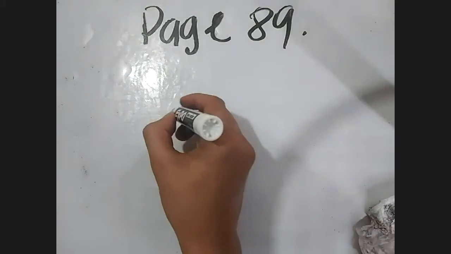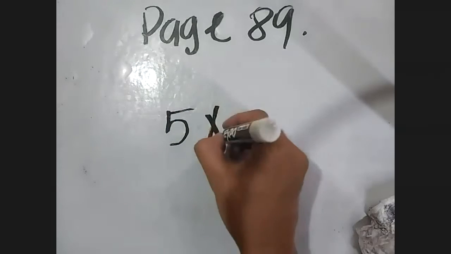Okay, so now in page 89, we have exercise number 4. It says there, in a second grade classroom, the desks of the students are organized into 7 rows. Each row has 5 students. How many desks are there altogether? So they are giving us 5 and they are giving us 7.